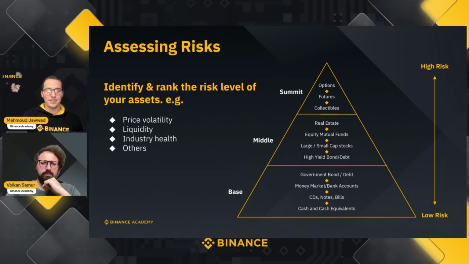Mahmoud, maybe let me jump in here because this one is interesting. Ideally, we would like to give our audience and viewers a better understanding beyond crypto, a general framework and general understanding of assessing risks.